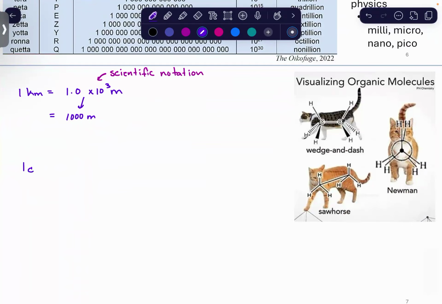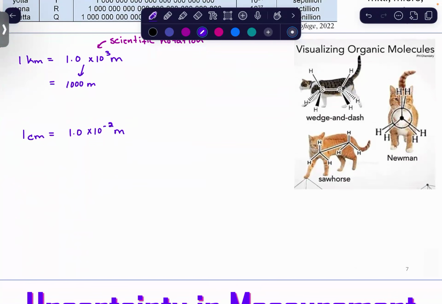So 1 centimeter is 10 to the negative second meters. Or you know that 1 meter is 100 centimeters. Again, I don't really care how you do that. I just want to make sure you notice how those line up and that you are reviewing your scientific notation so it makes sense.